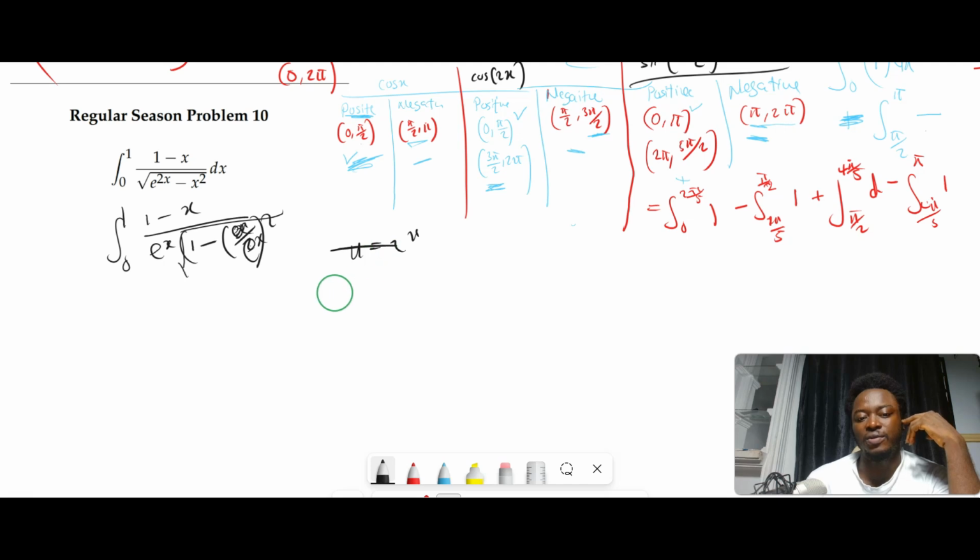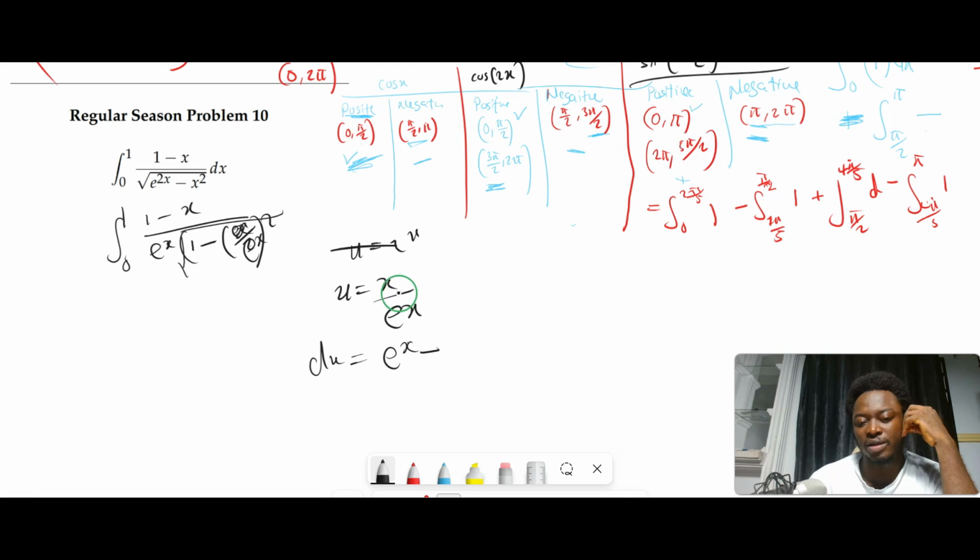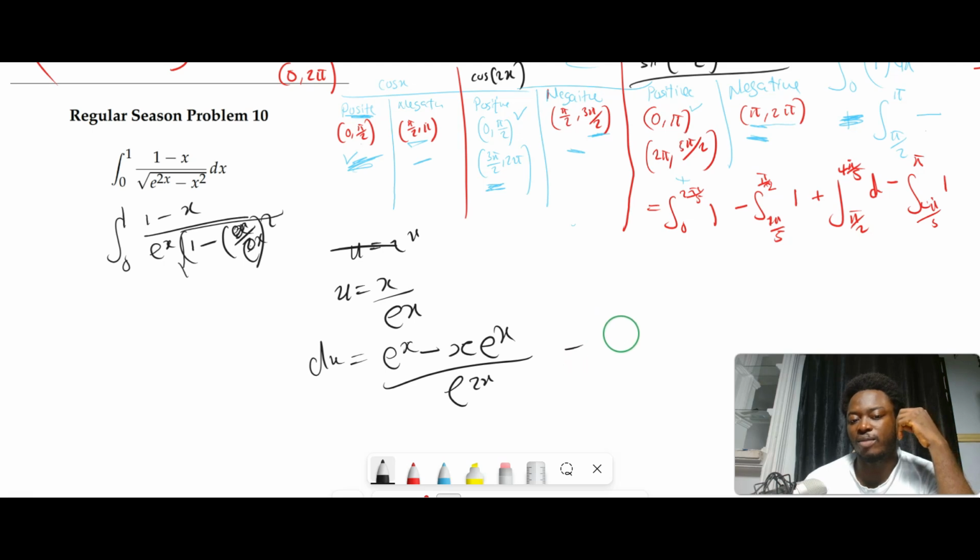So you have u equal x divided by e to the x. So what about du? du would be x squared. No, this would be e to the x minus x e to the x, all divided by e to the 2x, multiplied by e to the negative x, so you get (1 minus x) over e to the x dx.